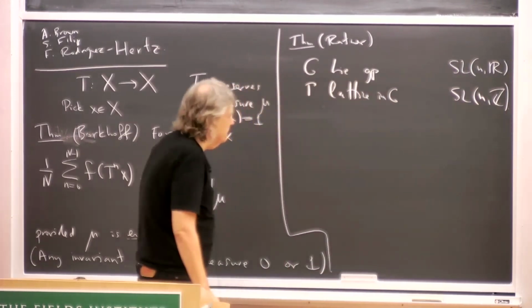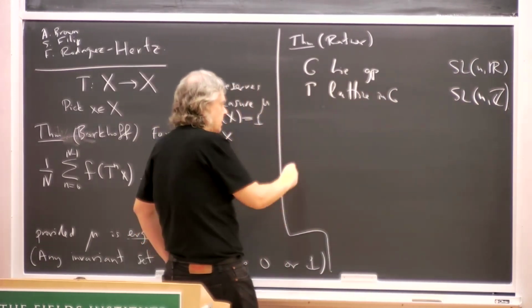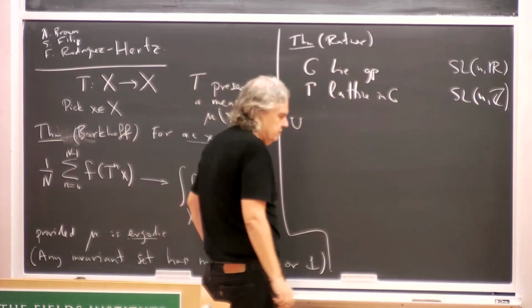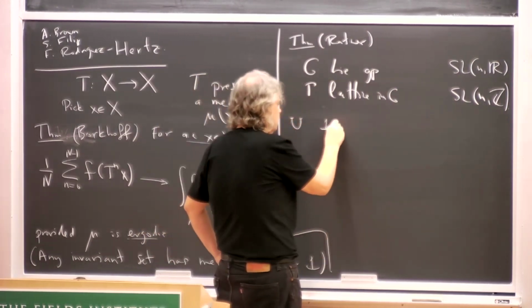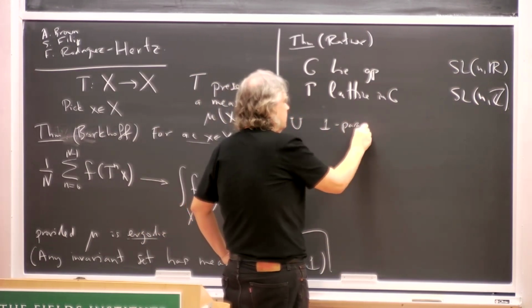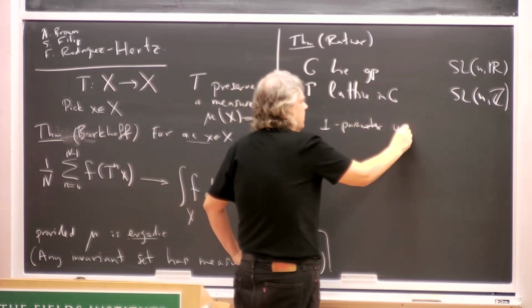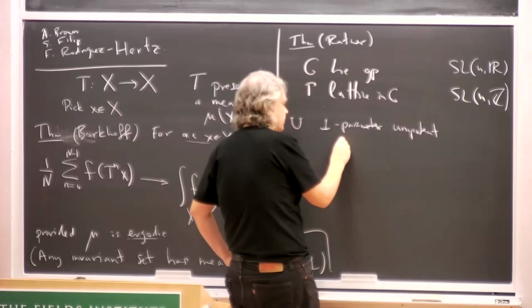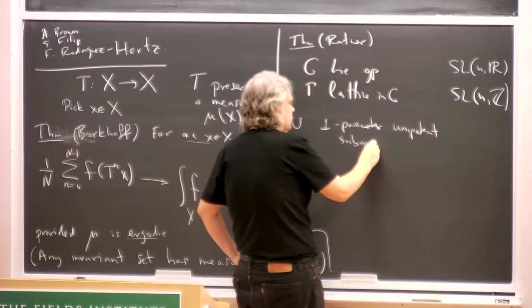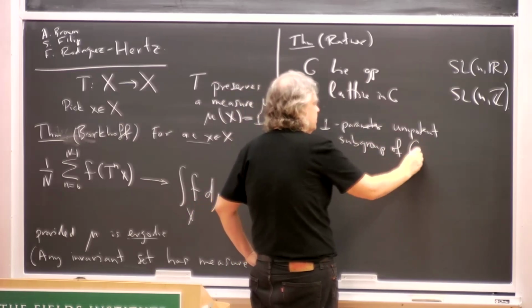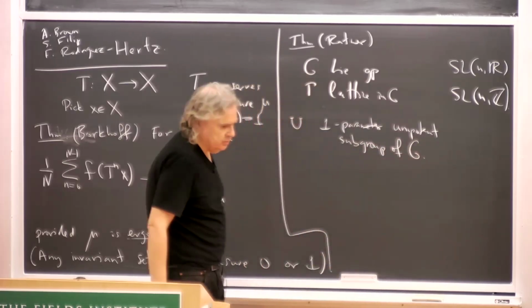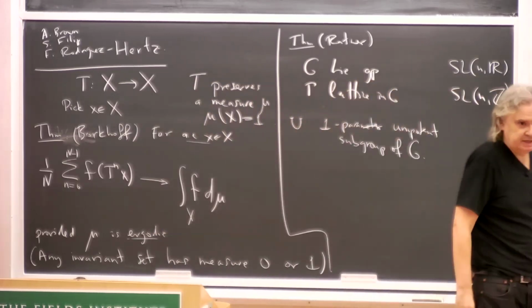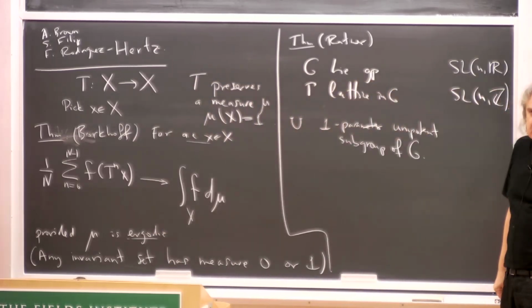And U is a one-parameter unipotent subgroup of G. Unipotent just means all eigenvalues are equal to 1.